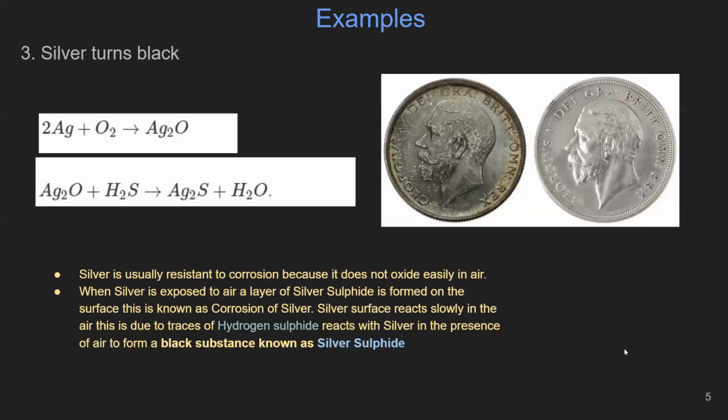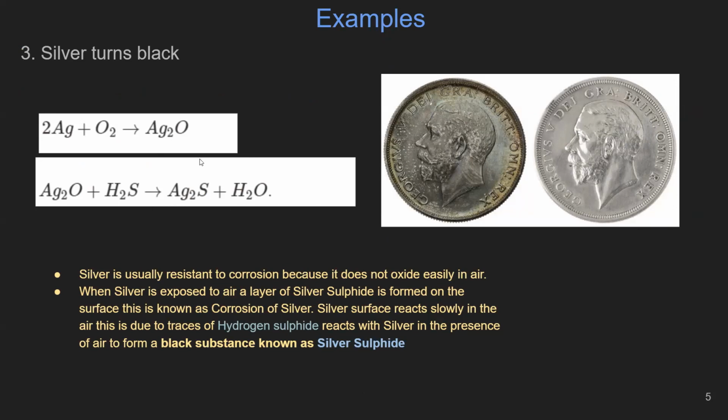We have the third example, that is silver turning black. The color of silver is this bright silver color. If a silver material, or let's say this coin, is kept for a long time, then the coin will turn black. Why? Because silver in the presence of oxygen and hydrogen sulfide, H2S, gives Ag2S, which is black in color.